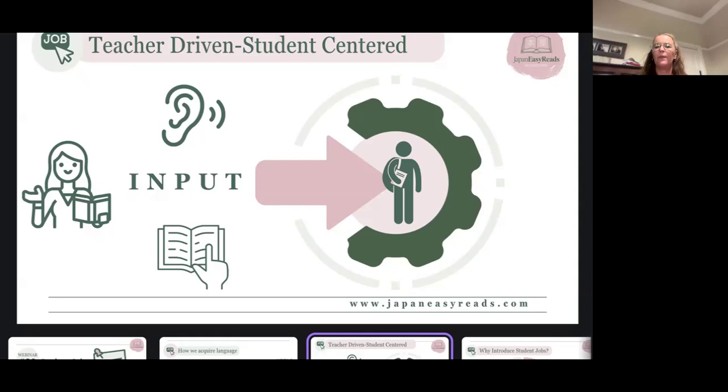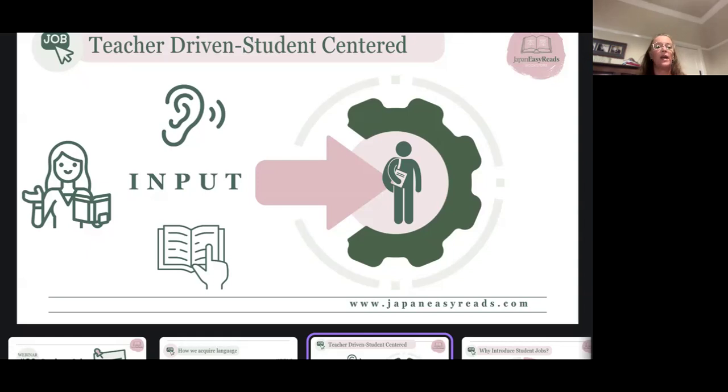So the reality really is that CI classrooms are inherently student-centred, and student jobs, which we'll go into tonight, provide another way for students to engage with the language in a really dynamic way.